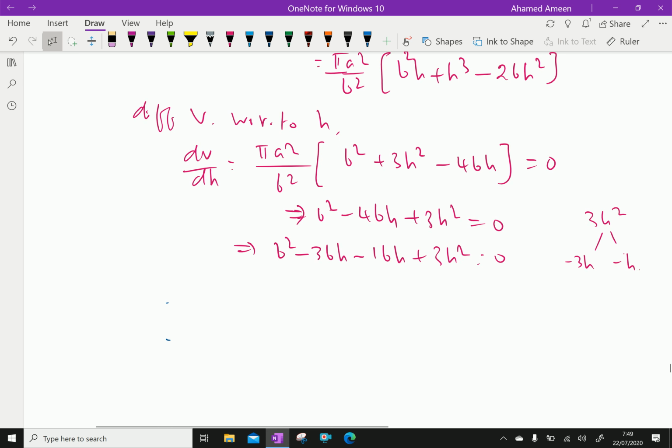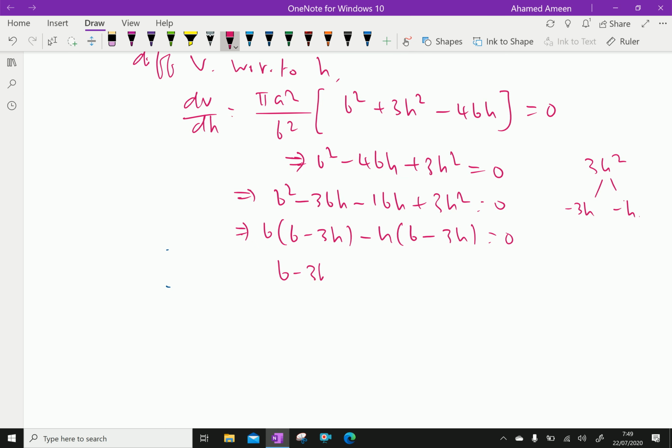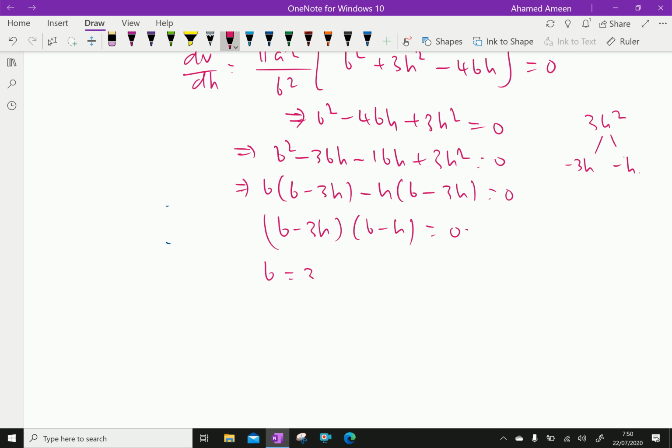Then take B common: B(B minus 3H) minus H(B minus 3H) equals 0. Therefore (B minus 3H)(B minus H) equals 0. Therefore B equals 3H and B equals H.